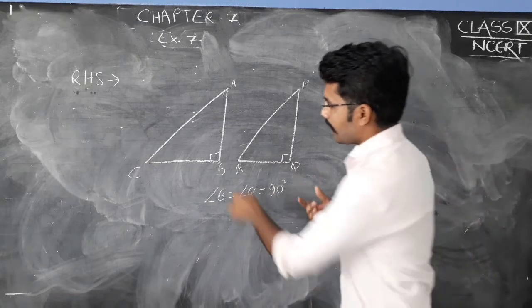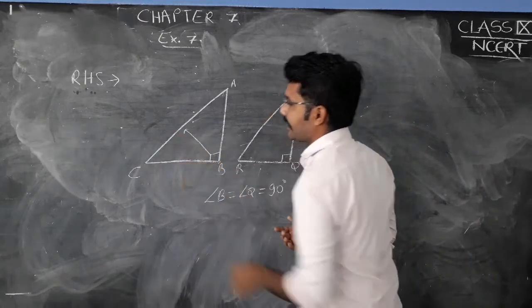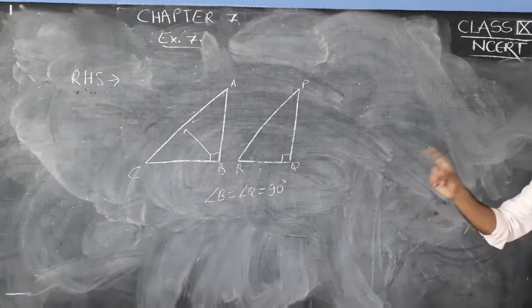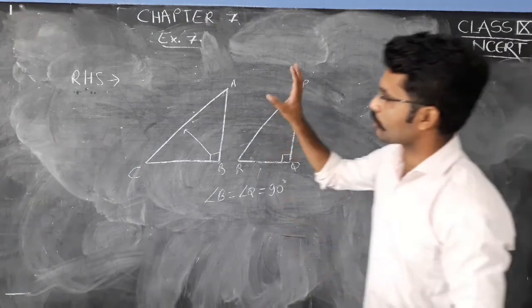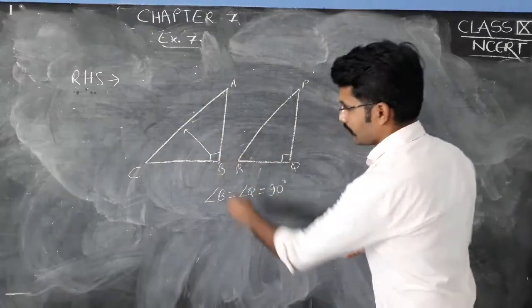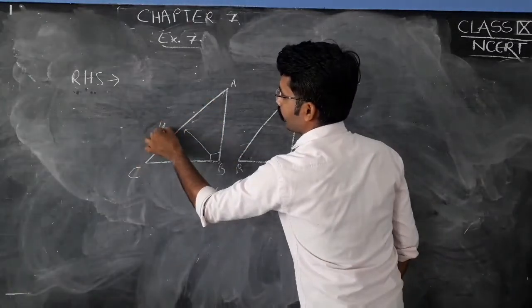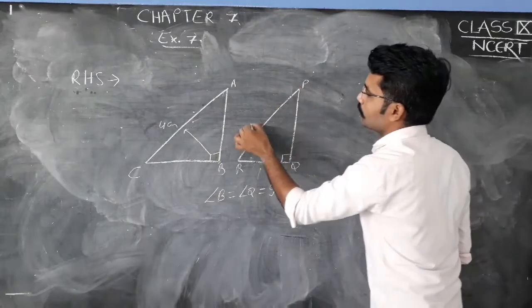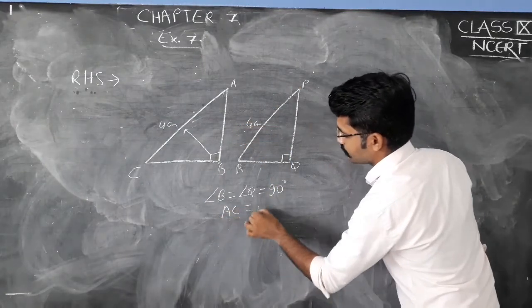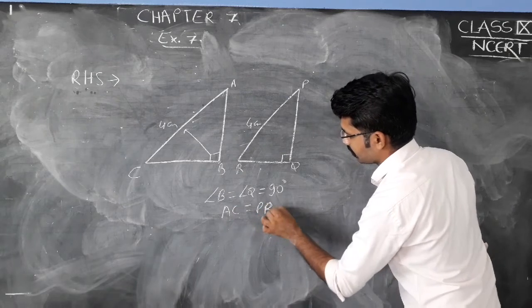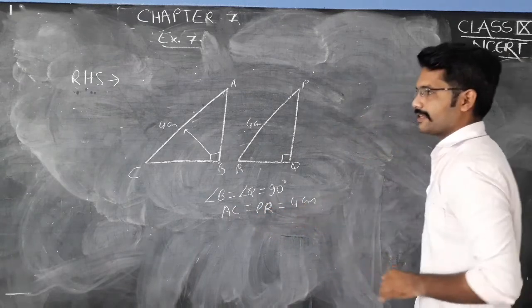One angle we have shown. The opposite side of 90 degrees is always the hypotenuse. So suppose AC is 4 centimeters and PR is also 4 centimeters. Then we can say AC equals PR equals 4 centimeters.